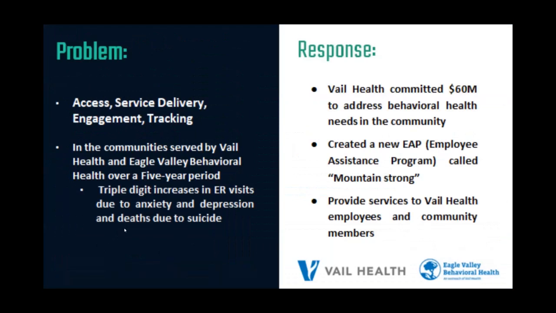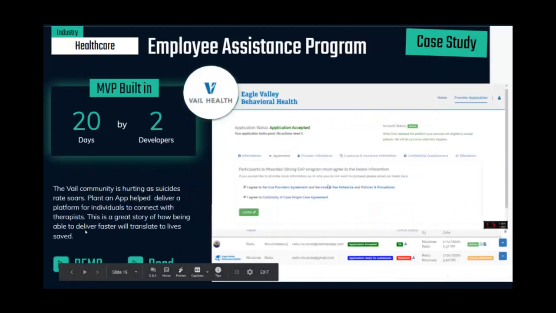So let's get started. The application we are going to delve deeper into today is an employee assistance program for Vail Health, and an MVP was built out in just 20 days with 2 developers.